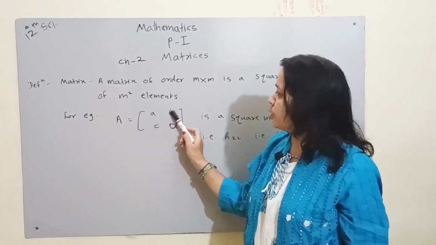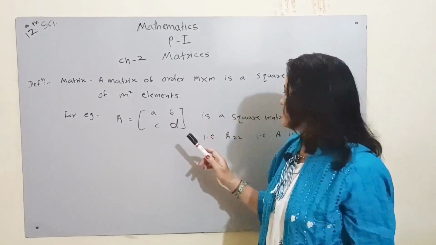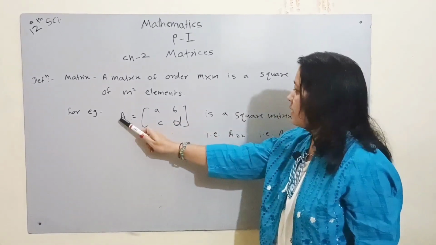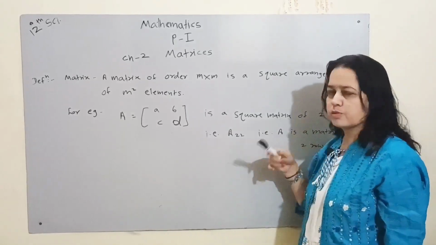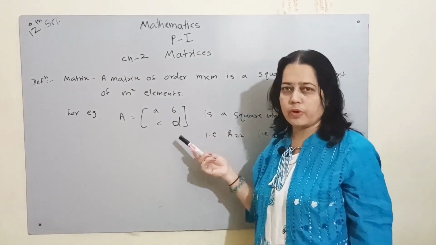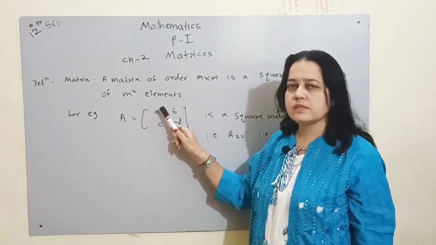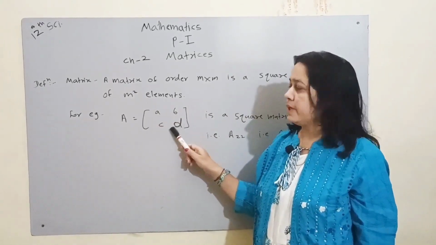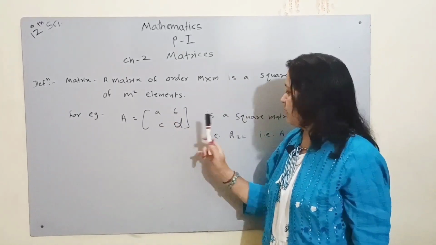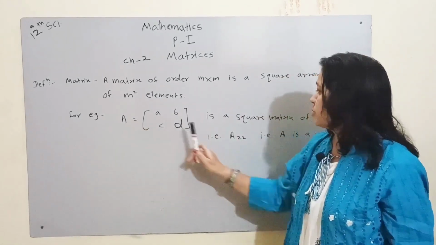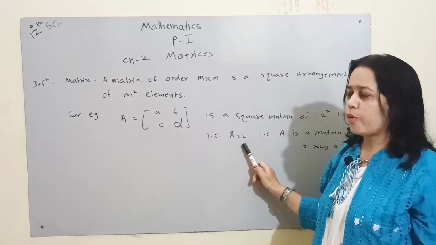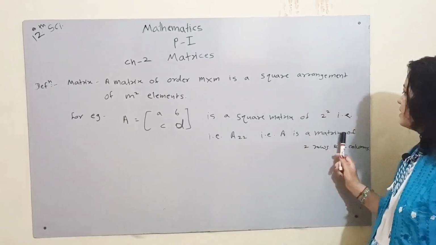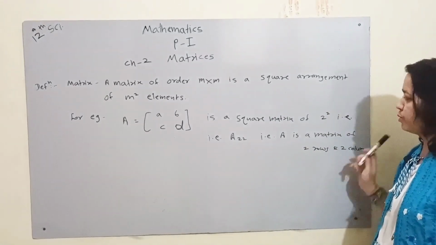That is, 2 rows and 2 columns. A is a square matrix of 2 square elements, that is 2 square which is equal to 4. Means here A is a square arrangement of 4 elements, and it is also denoted as A22, that is, a matrix of 2 rows and 2 columns.